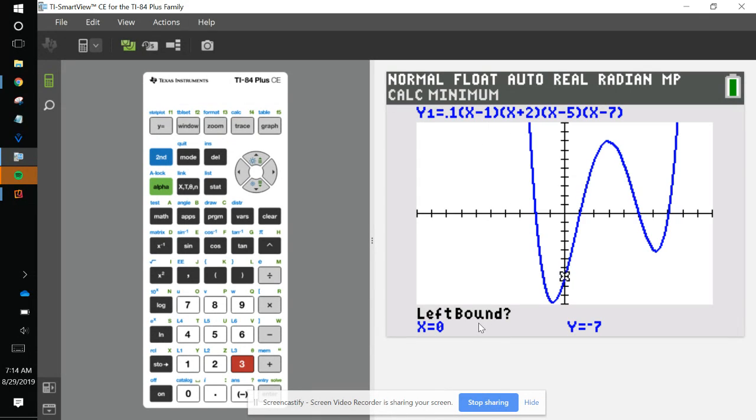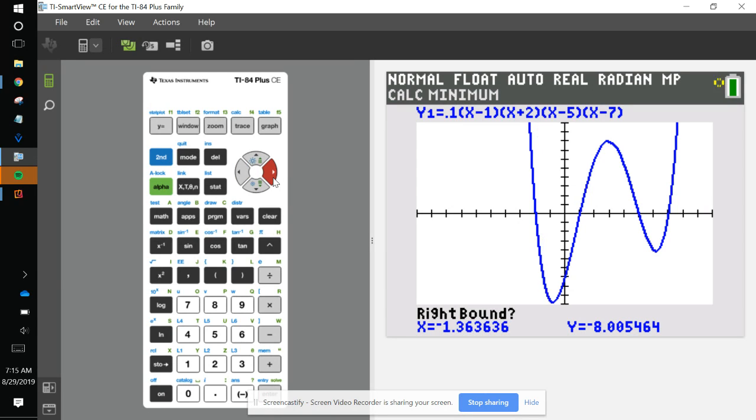Now I need to tell my calculator where to look for the minimum. The left bound is going to build a wall, or like a barrier, so that it will restrict the graph to only a certain part. So I put the cursor anywhere on the left side of the minimum, then press enter.